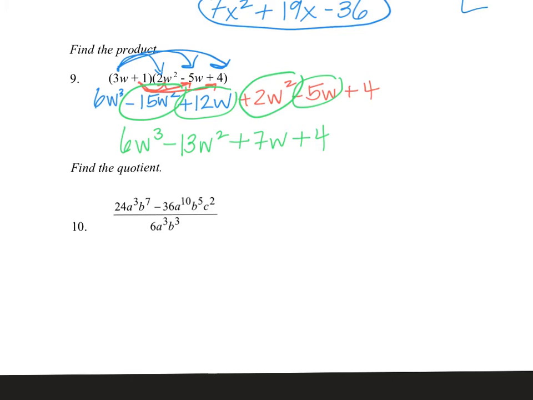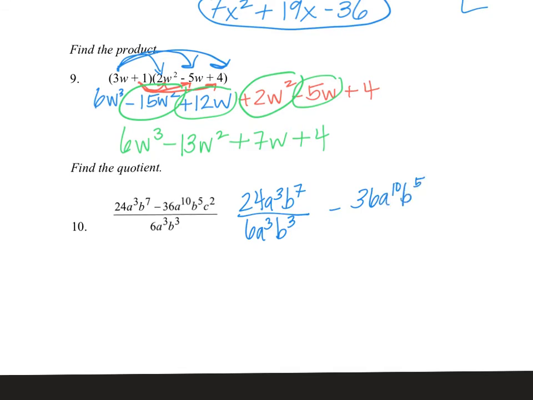Okay, and so for this last one, we are going to divide. That's what it means when it says the word quotient. So what we need to do is break this up a little bit. So everything in the numerator needs to be divided by the denominator individually.